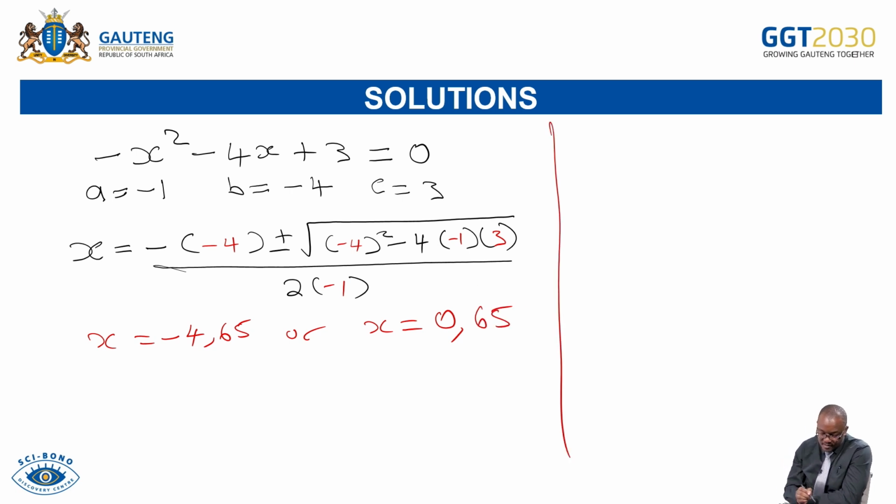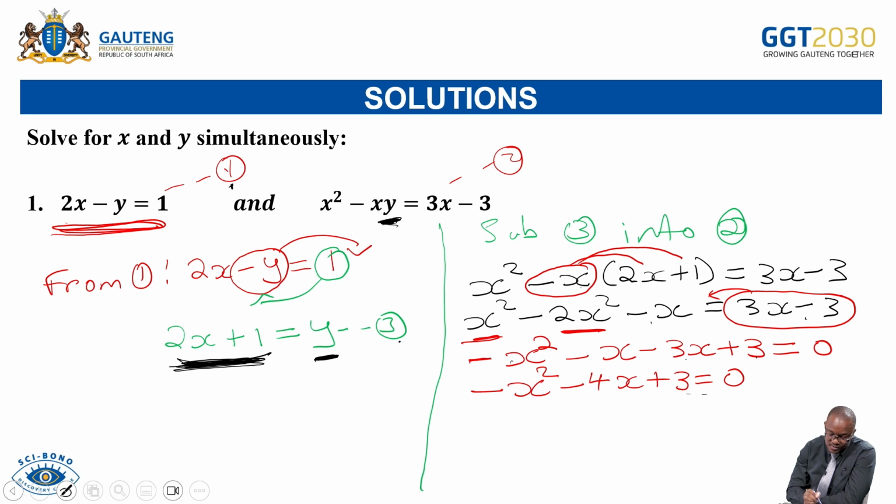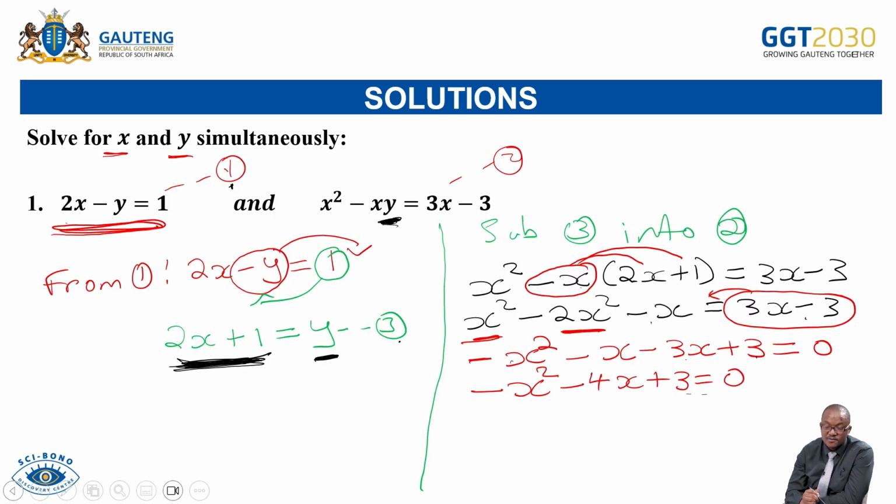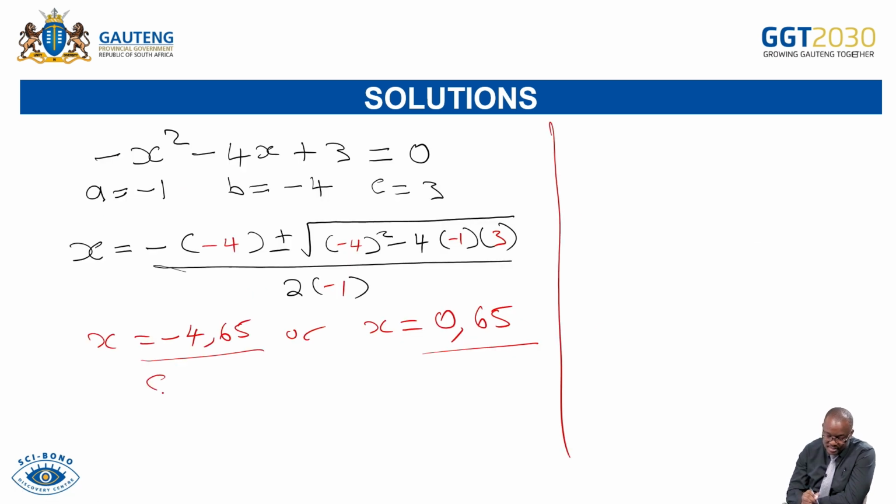Then from there, remember the question says you must solve for x and y. Already now we're having x values. So we need to now get y values. So I'm going to say substitute x into equation number 3.